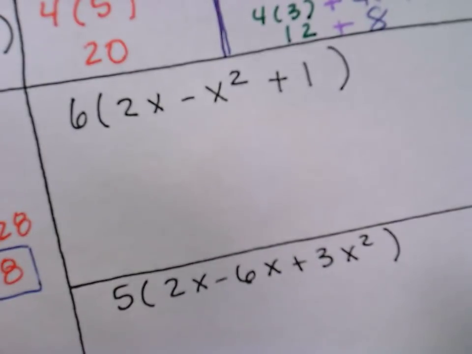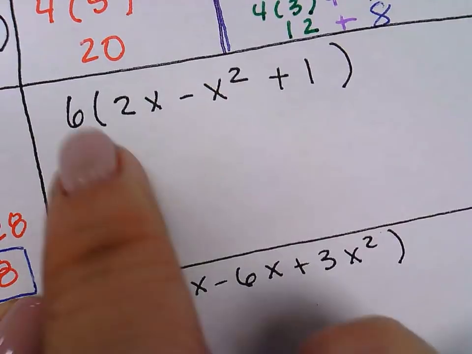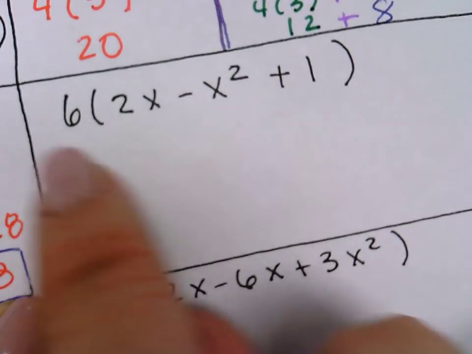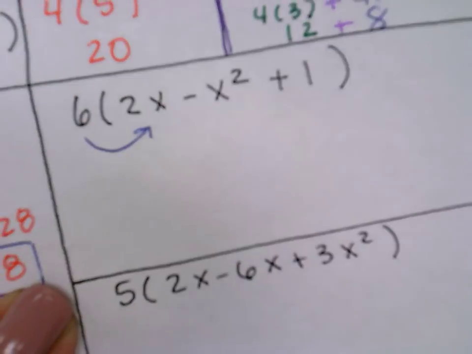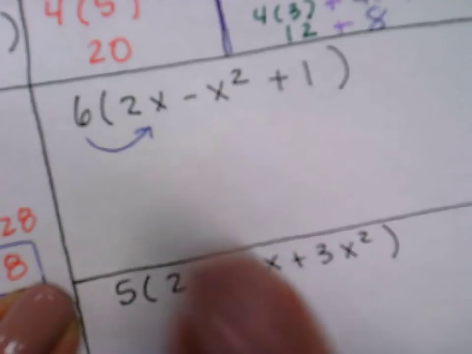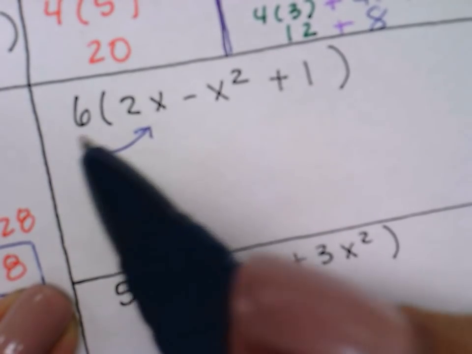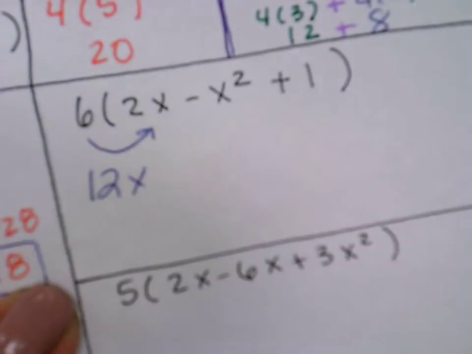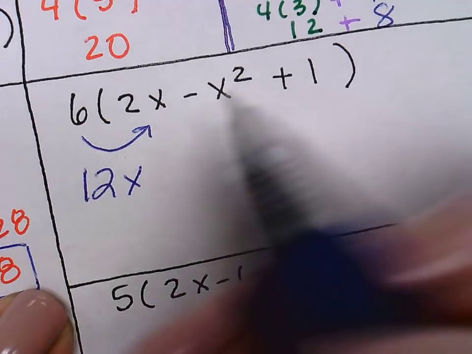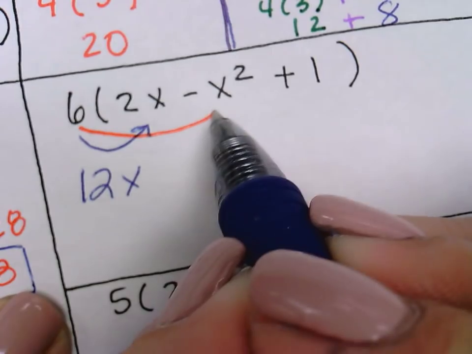Our final two, you bring that 6 and you distribute it to each and every value. 6 times 2x, you could do 2x plus 2x plus 2x 6 times, or you can just do 6 times 2 is 12, and that x, 12x. You distribute that 6 to the x squared.